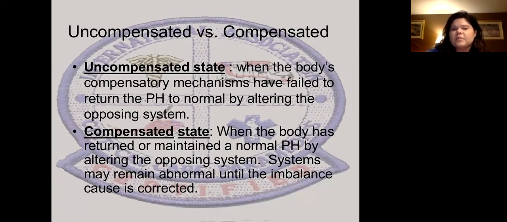Uncompensated is when the body's compensatory mechanisms have not yet returned the pH to normal. Compensated is when the body has returned or maintained a normal pH by altering the opposing system. Systems may run until the imbalance cause is corrected.